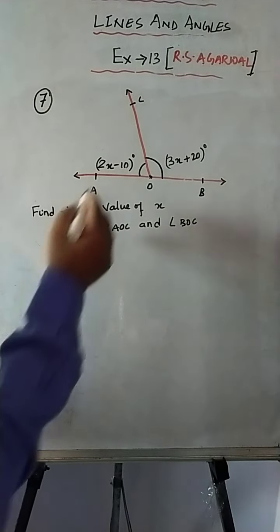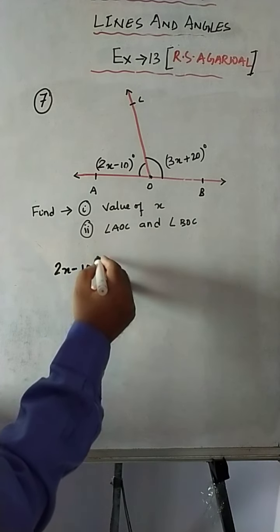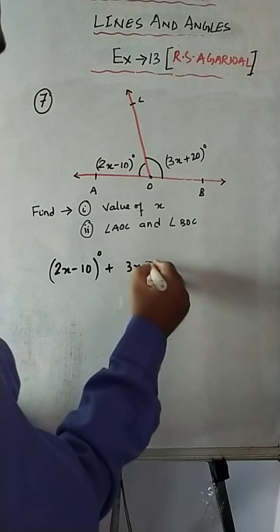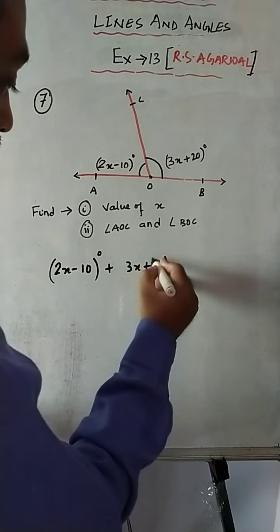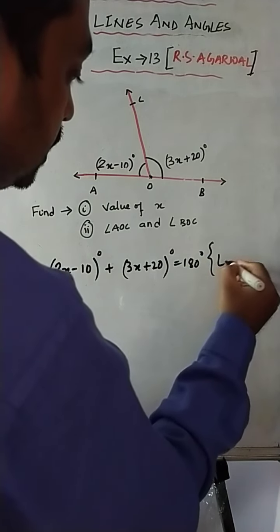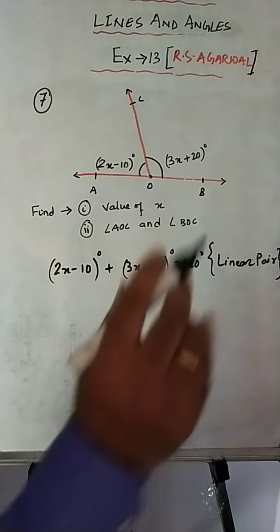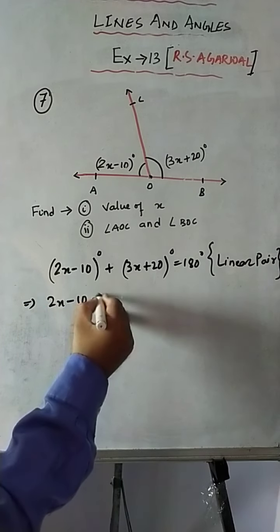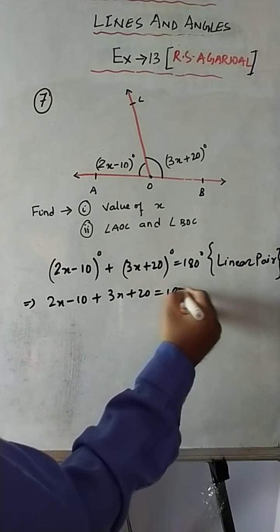So the first thing we have to do is 2x minus 10 degrees plus 3x plus 20 degrees is equal to 180 degrees, and the reason will be linear pair. Now we'll open the bracket, that is 2x minus 10 plus 3x plus 20, this time without the degree sign, equals 180.